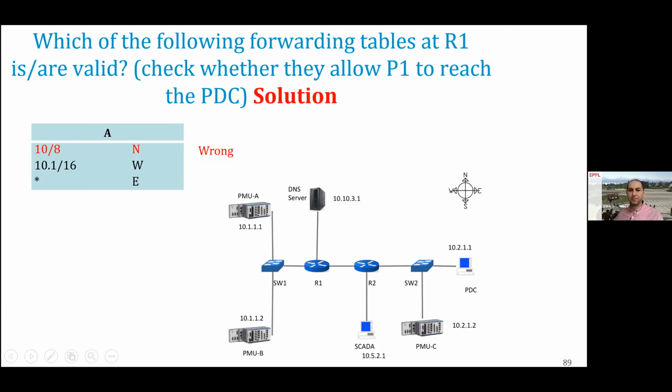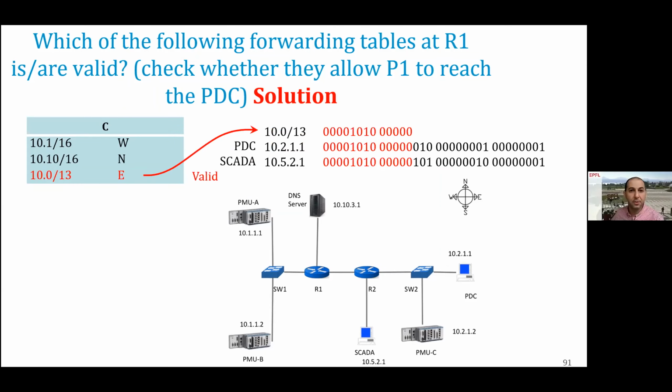Could you once again show the solution for C? Yeah. Here we have 10-0, and we consider only the first 13 bits. That's why I wrote here only 13 first bits.